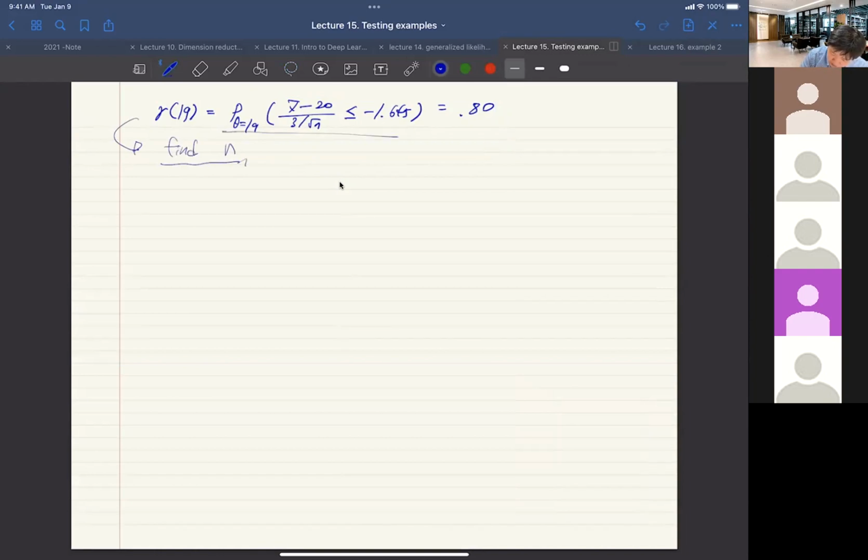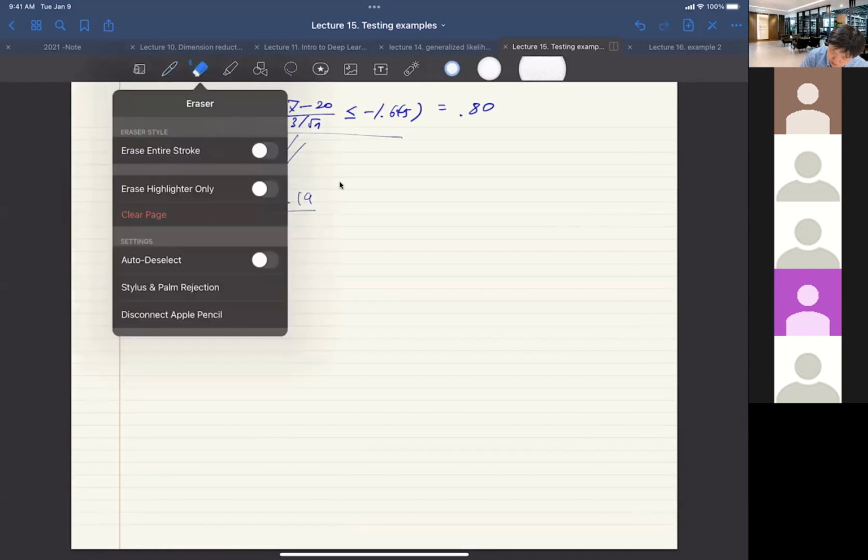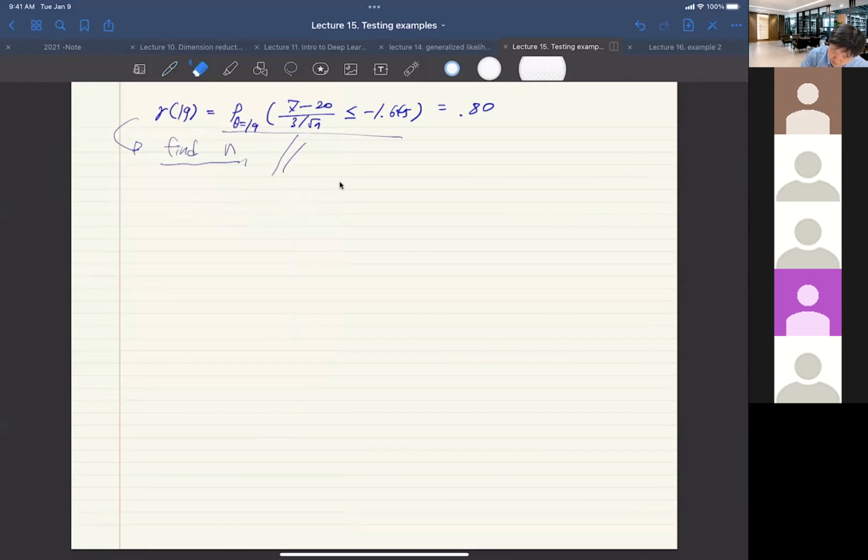Okay, so this is the probability that x bar minus 20 over 3 over square root of n is less than or equal to minus 1.645 times 3 over square root of n.